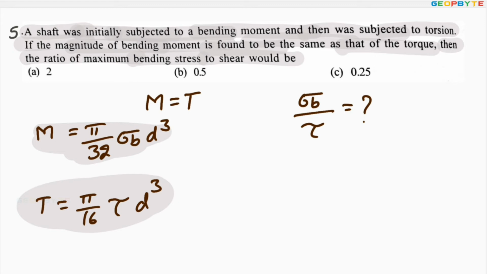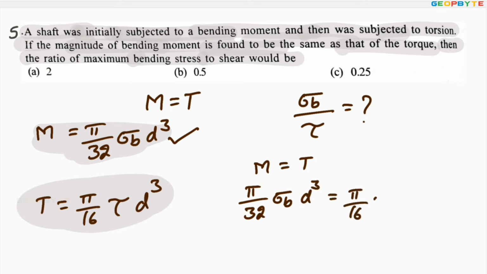Here the condition is bending moment M equal to torque. But what is the bending moment value? Bending moment value is pi by 32 into sigma b into d cube, whereas torque is pi by 16 into tau into d cube.